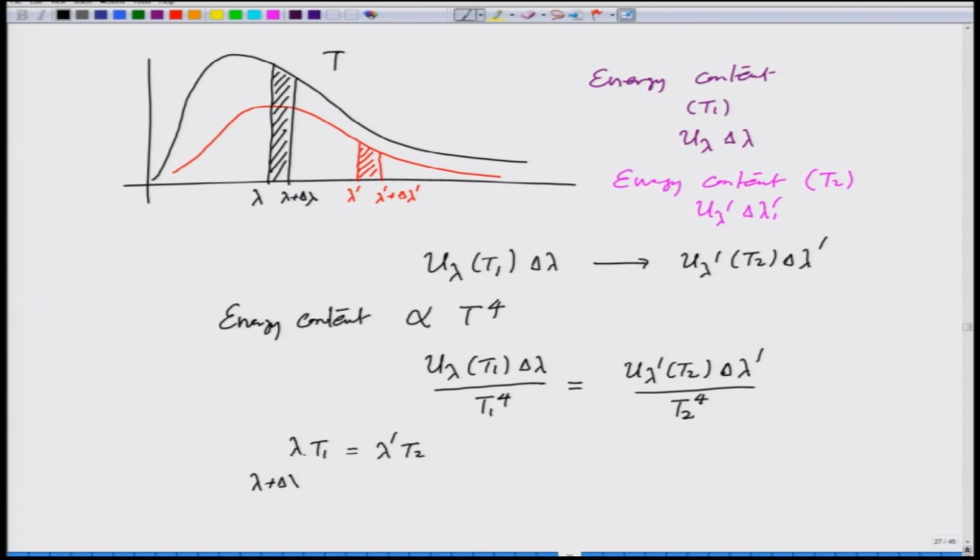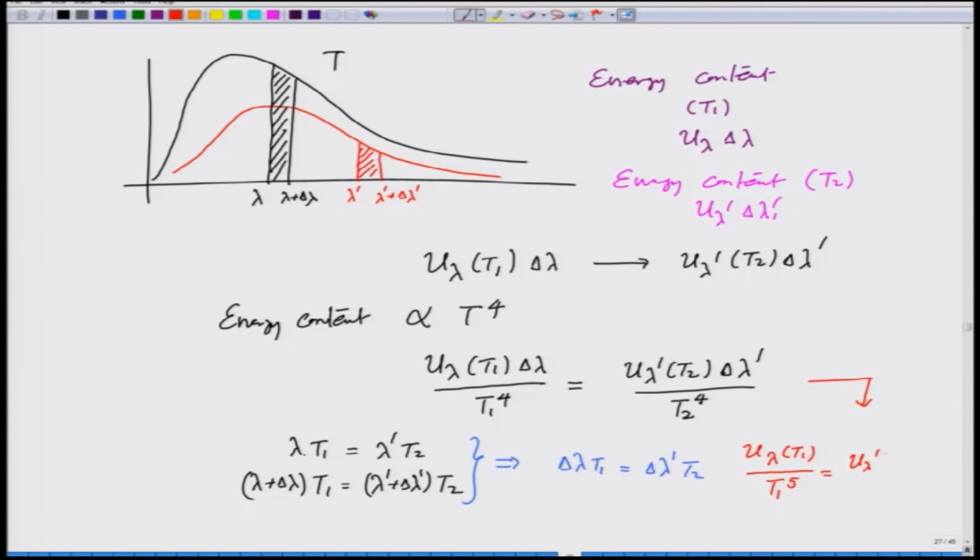Lambda plus delta lambda times T1 is equal to lambda prime plus delta lambda prime times T2, and this together immediately gives you delta lambda T1 is equal to delta lambda prime T2, and we will substitute this in this equation, and I am going to get u lambda T1, delta lambda is going to be proportional to 1 over T1, so T1 raised to 5 is going to be equal to u lambda prime T2 over T2 raised to 5.